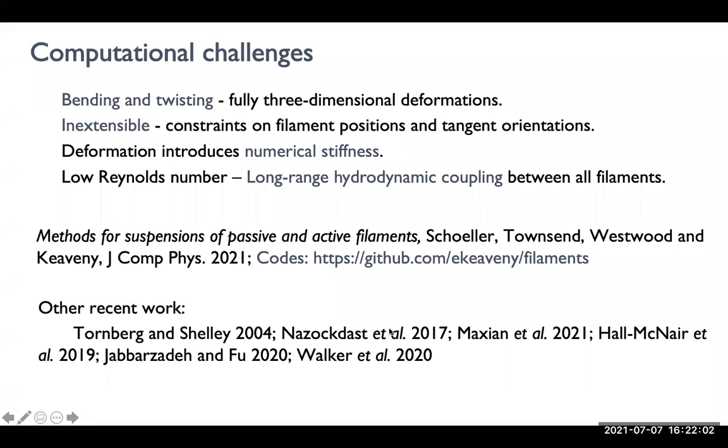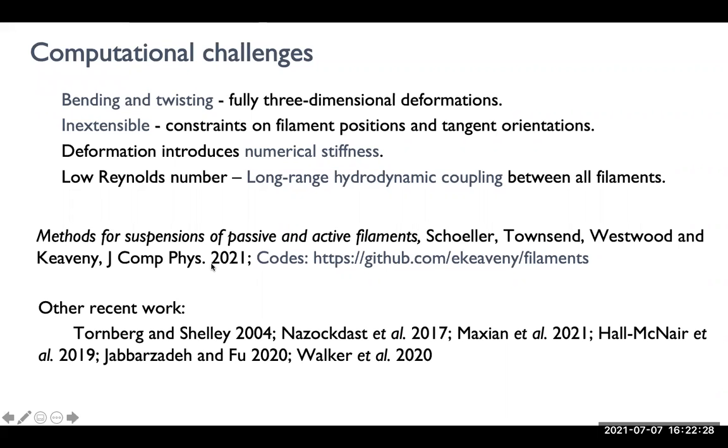I'm going to skip over a lot of the details regarding the methodology and just give a summary. So you may wish to look at this paper, but I think the most important thing, if you're interested, is to look at the codes on GitHub. We have a nice simple MATLAB implementation there, so you can really see how the methods work in practice.